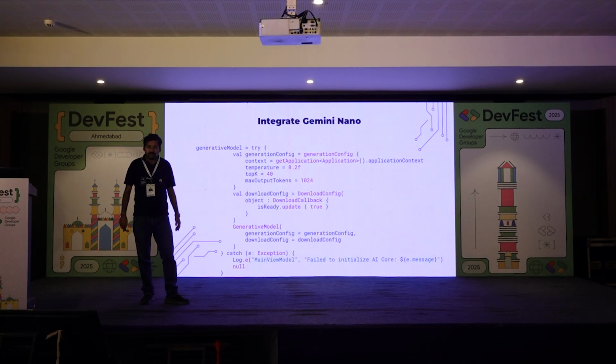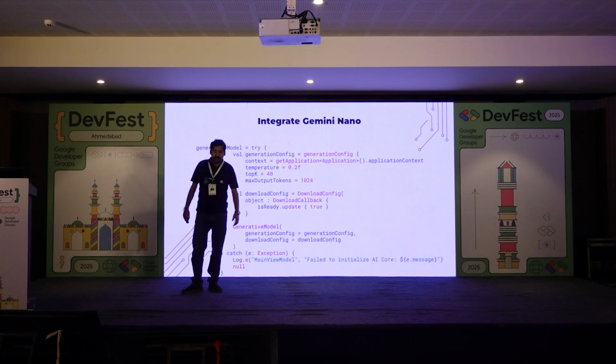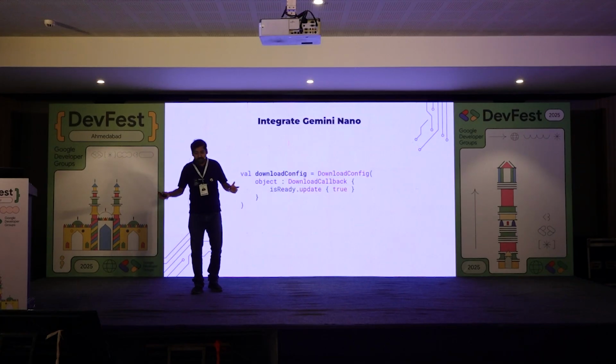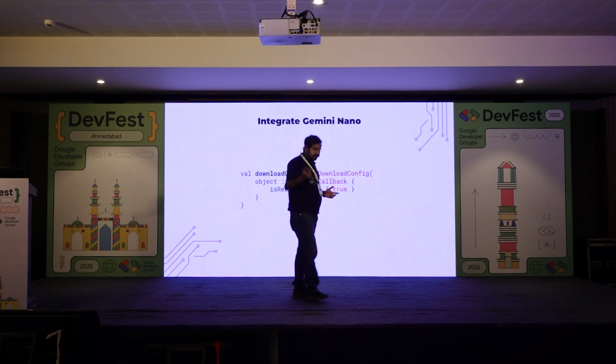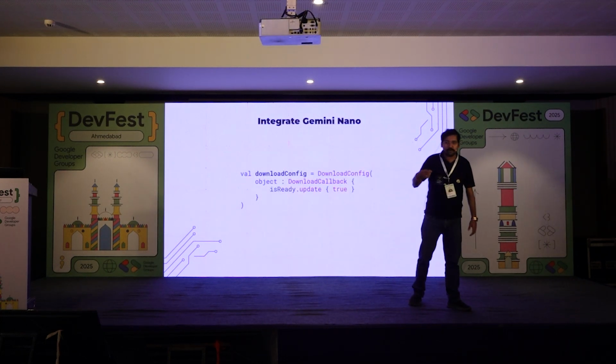It has two parts of config. One is generation config with the same top K and the same max output tokens, and another one is download config that we'll talk about. So this is the generation config, same as we talked about. This is the download config, and it just lets you know when the download is done, or if the download failed, you can add that callback as well.